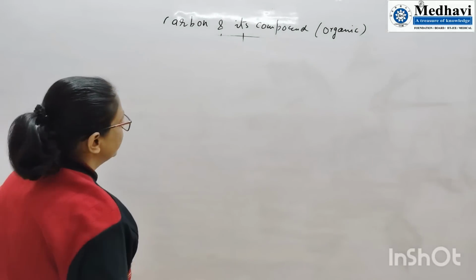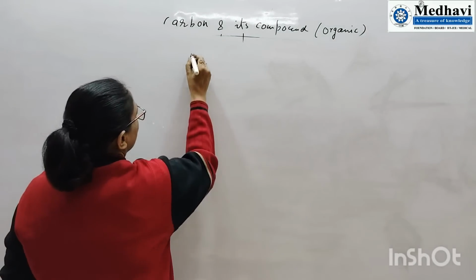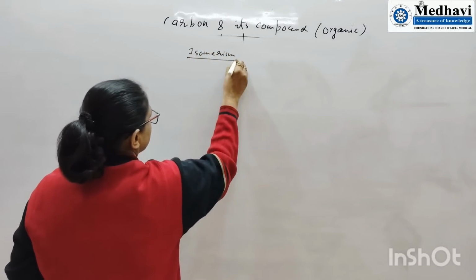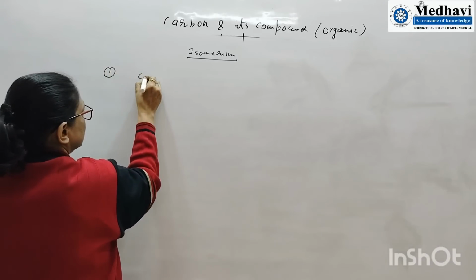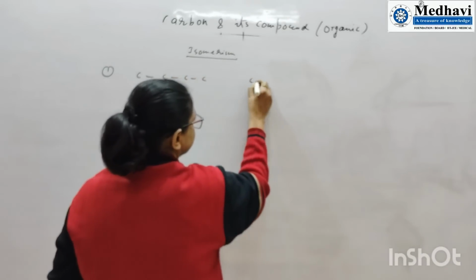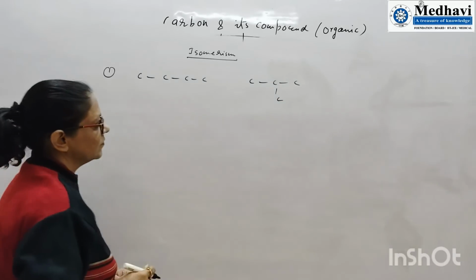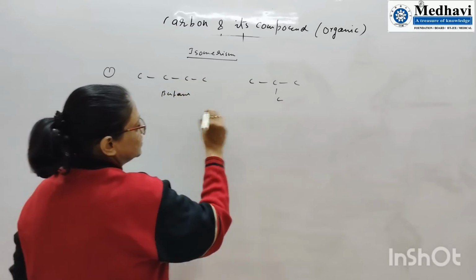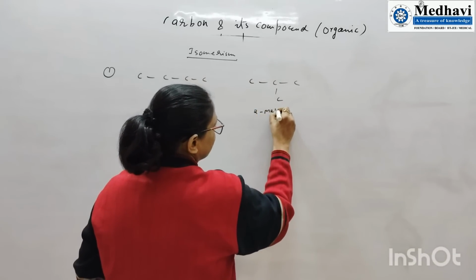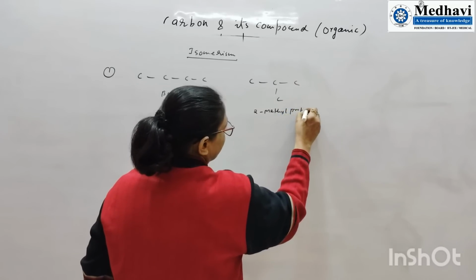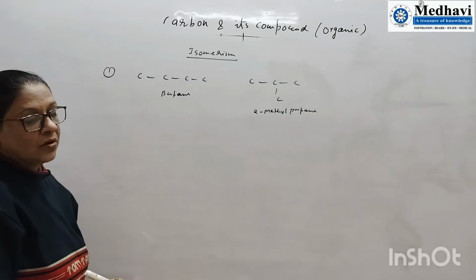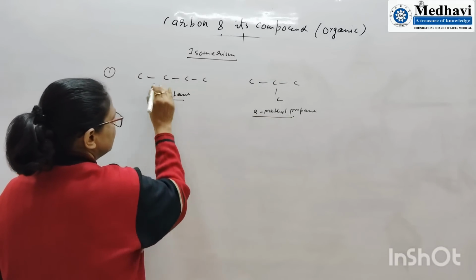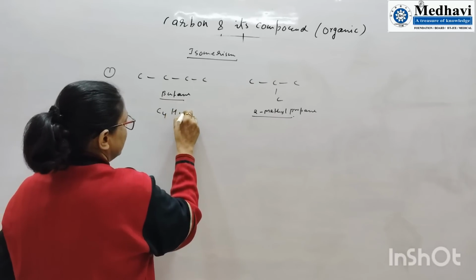So next part is isomerism. Suppose I am using two examples. This is butane and this is 2-methylpropane. If you write its molecular formula, then it is C4H10.